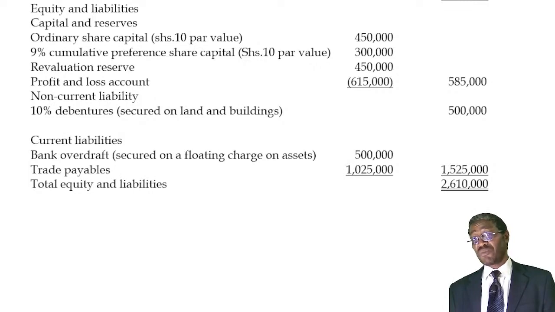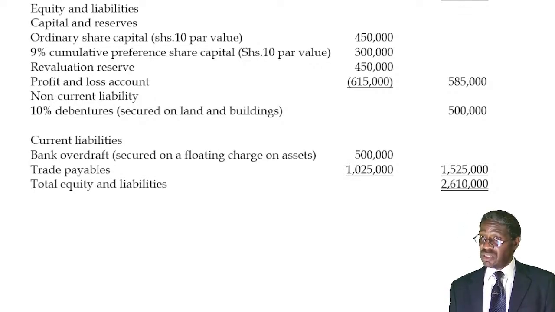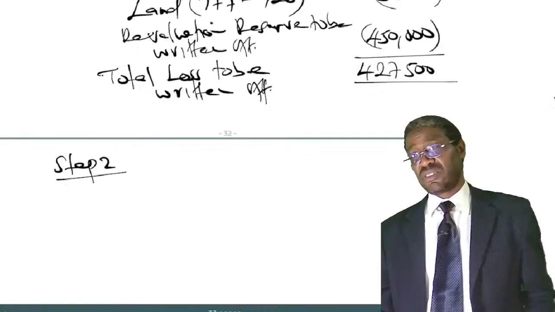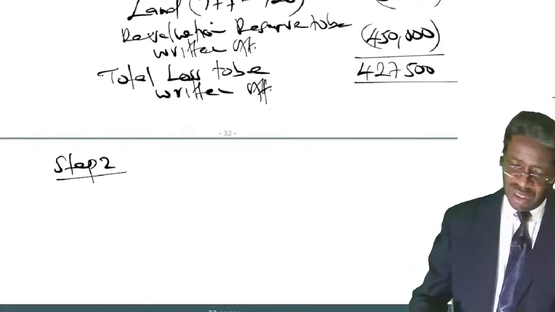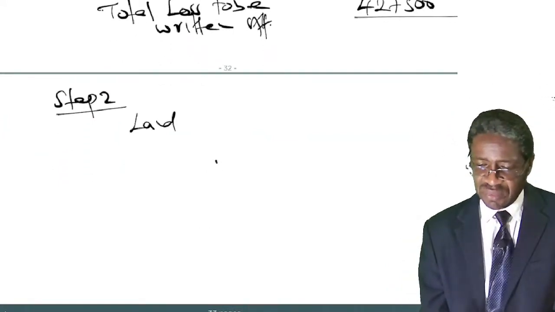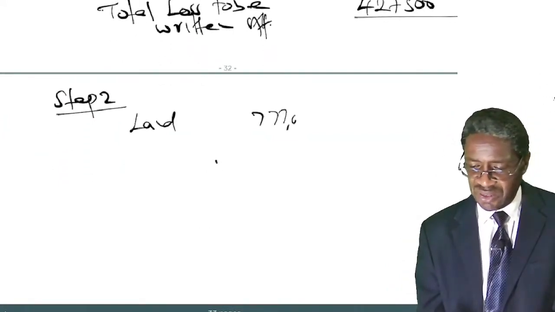So you remember from our note number 3, our land and building to be sold was 777. But now it was used as security for debentures, and the liability is 500. So we minus directly. Let me first put it down. You come and see your land, 777.